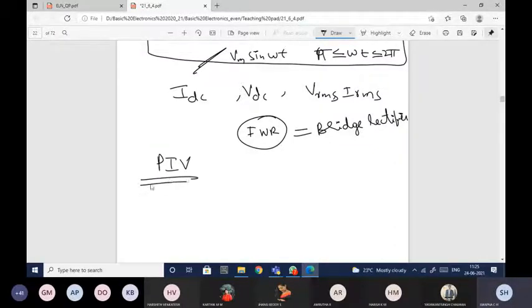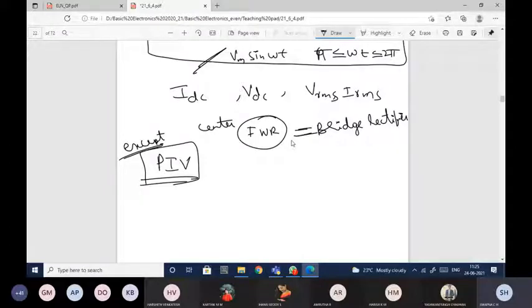Based on the circuit we were calculating PIV, so here we need to calculate the PIV. Except PIV, all other derivations we have done for center tap full wave are the same for your bridge rectifier also. So in the exam, if they ask you to explain the bridge rectifier and show that the efficiency is so much, you need to derive the expressions how we have done for your full wave rectifier.